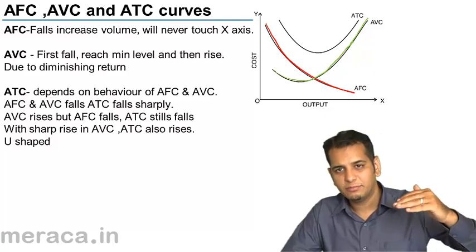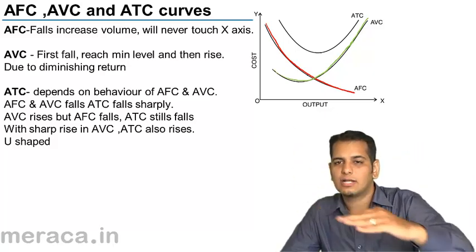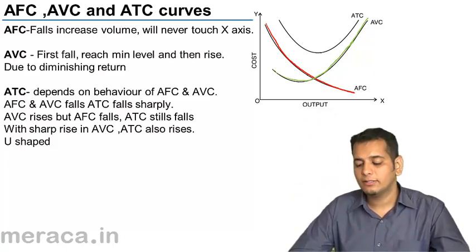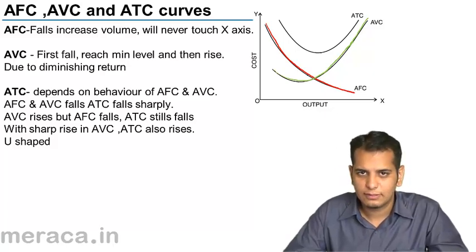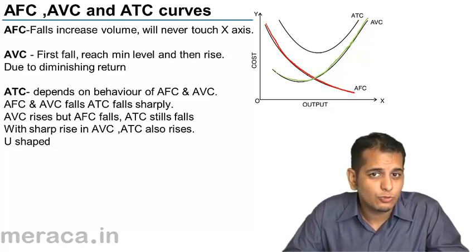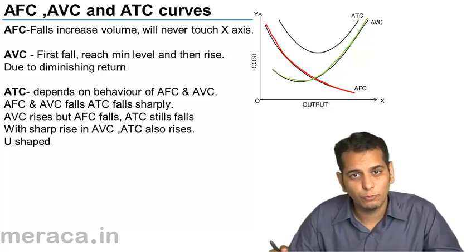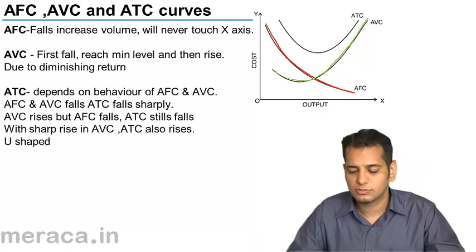However, average variable cost falls initially and after a point starts to rise continuously. So how do you think the average total cost curve will look? I said average total cost curve is a sum of both average fixed cost and average variable cost.